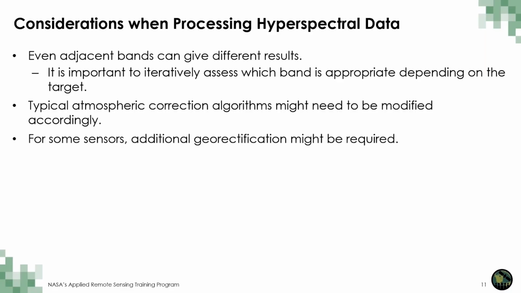Most times people still use some of the typical atmospheric correction algorithms like FLAASH or TAFKAA or ATREM or others, but still you might need to tweak a little bit there just to make it more feasible to be used with hyperspectral data. And for some sensors, there might be some additional geo-rectification that might be required depending on the sensor.